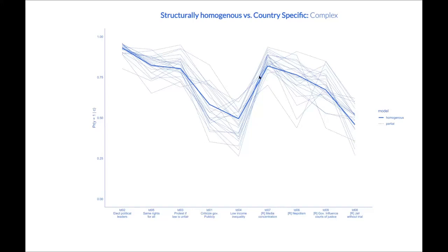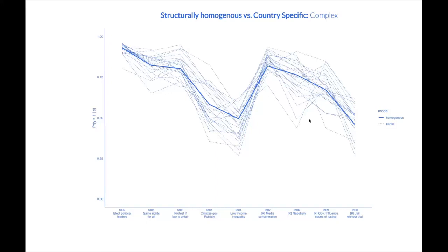In the thicker line, we have the homogeneous model, in which the expected pattern of responses cannot vary between countries. In contrast, in the partially homogeneous model, each country can have its specific expected response. So the countries that are closer to the thicker line tend to be more similar to the homogeneous model, but there are several countries that are too far apart.